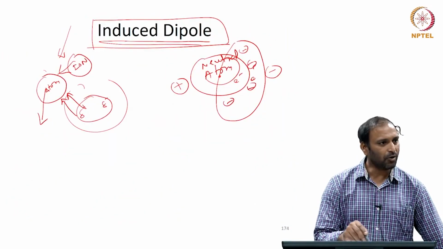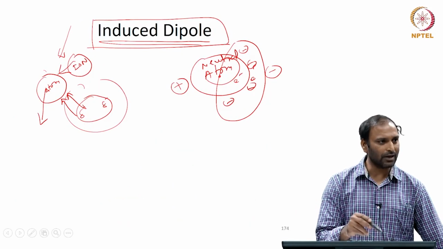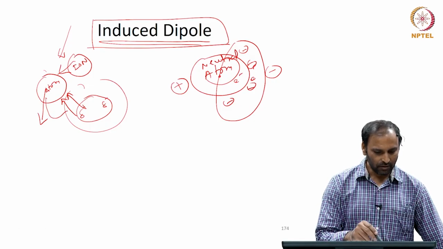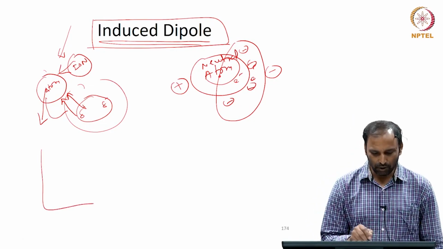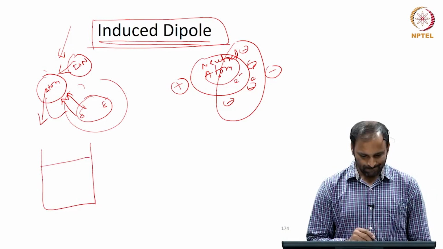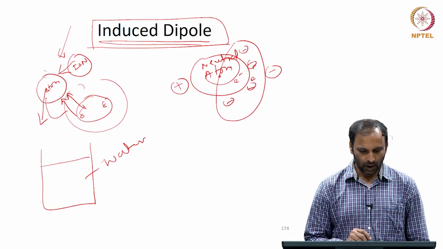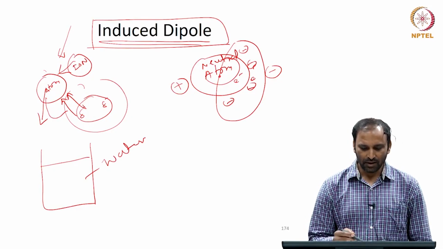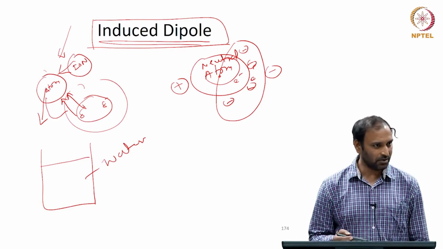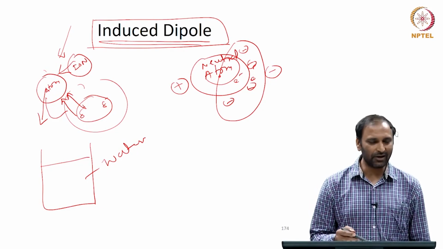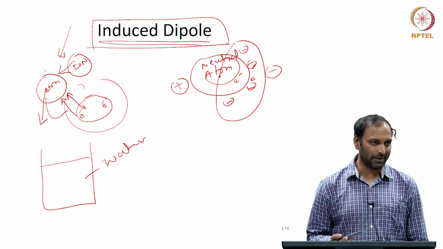There is a permanent dipole, and then a neutral atom. One way to think about this is, let us think about a case. Water has a permanent dipole. Now, if you look at some organic species which is sparingly soluble in water, we know that typically organic molecules will not have a permanent dipole.